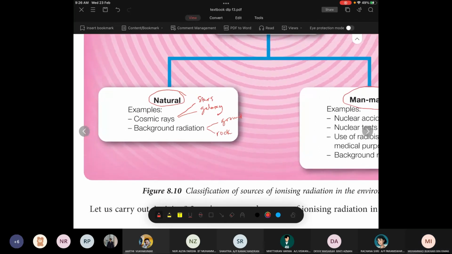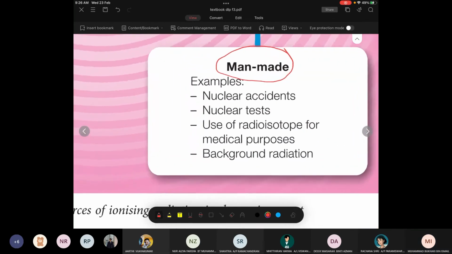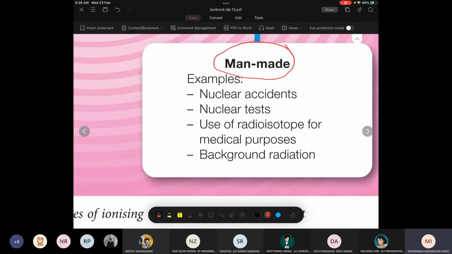radiation. And we have another one which is man-made. This one, for example, is nuclear accidents. Nuclear accident also is a source of radiation. Usually, this happens in nuclear power plants.